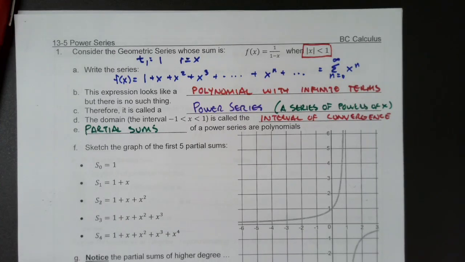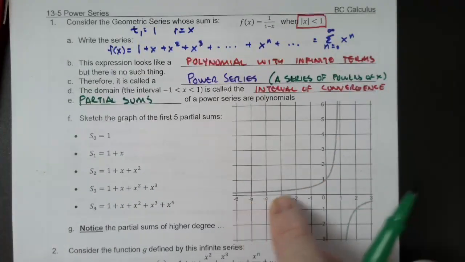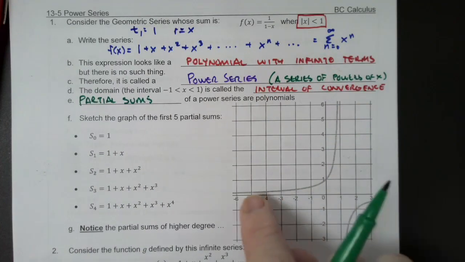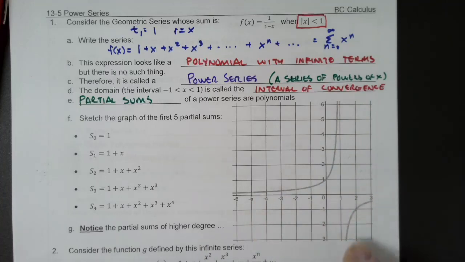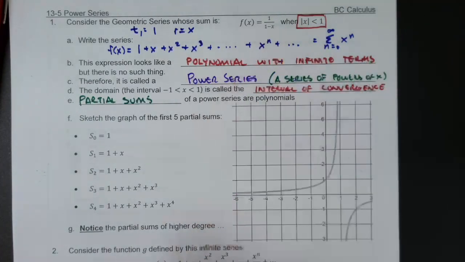So this says, let's go ahead and graph the first partial sums. Now what they have already represented here is the graph of 1 divided by the quantity of 1 minus x. So that's what the graph would look like.